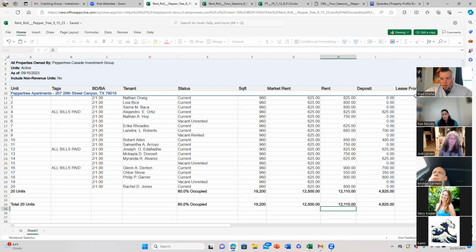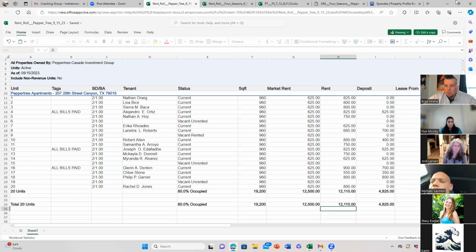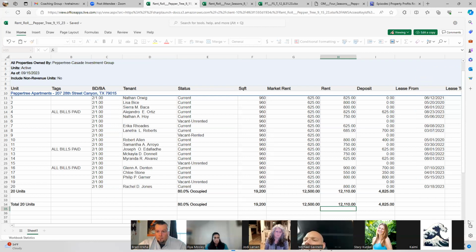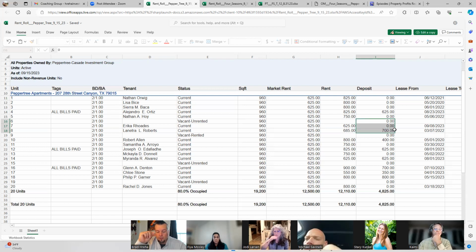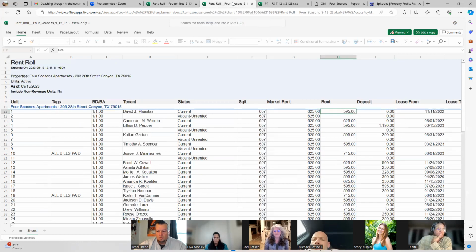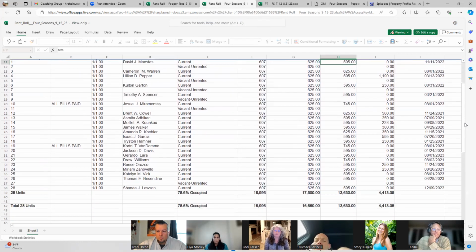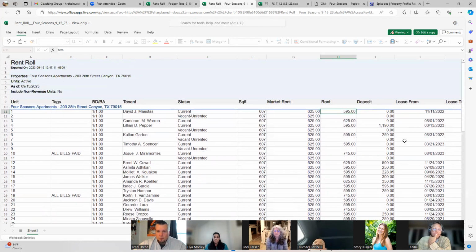Questions that I would want to know just from looking at this: no deposits from anybody. Why are there no deposits? That's a question you're going to want to ask your broker. Market rent, what they can get for rent, pretty self-explanatory. Same over here. Why is nobody paying deposits?